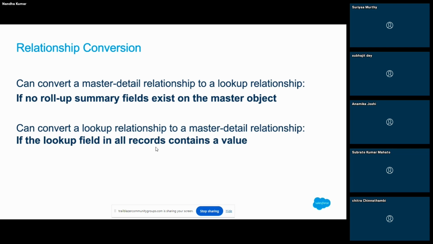When you try to convert the lookup field into a master detail relationship, you will get an error saying a few of the records are not mapped to a parent record. You can do two things: delete all the child records and then convert the lookup to master detail, or update all the child records and map them to a corresponding parent record. Then you will be able to update the lookup relationship field to master detail. So these are the considerations you need to know when converting relationships.